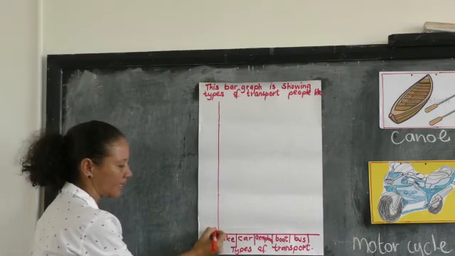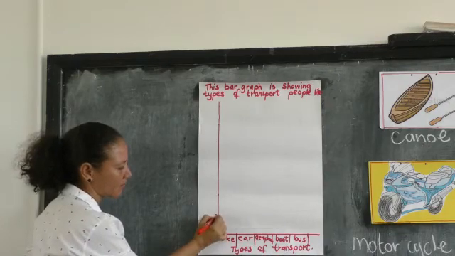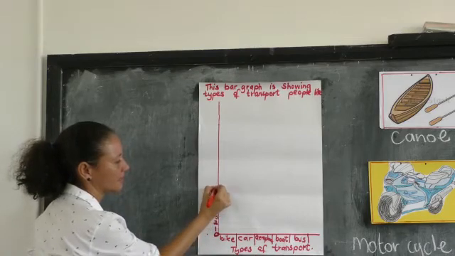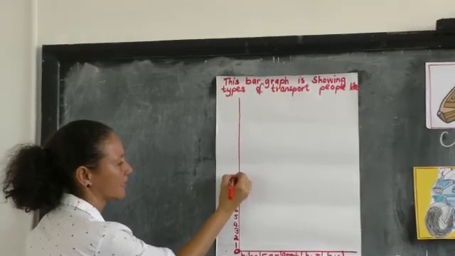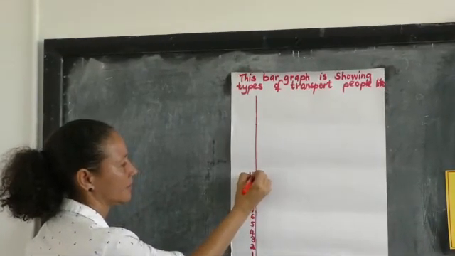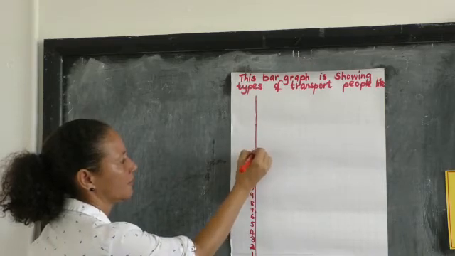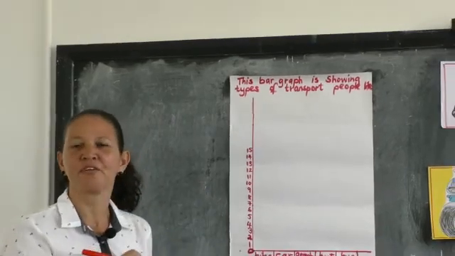For example, number 1 should be here. 2, 3, 4, 5, 6, 7, 8, 9, 10, 11, 12, 13, 14, 15. So we stop at 15, at number 15.